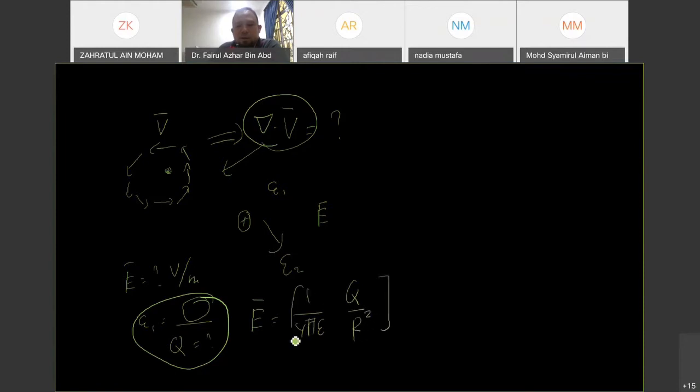And the unit vector for it is R cap. So some of these elements will be constant. So what will happen to the value of E if one of the constants, especially epsilon, is changed, for example?